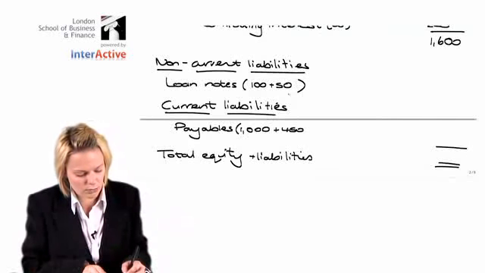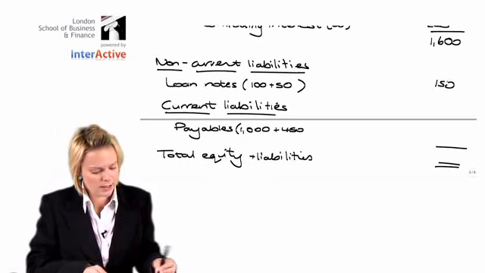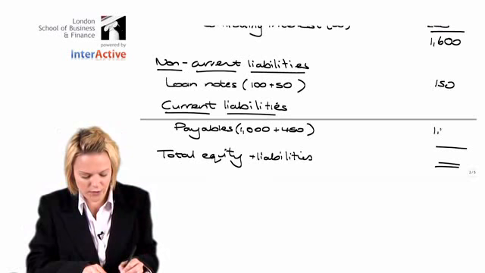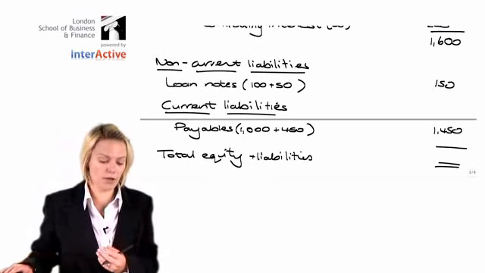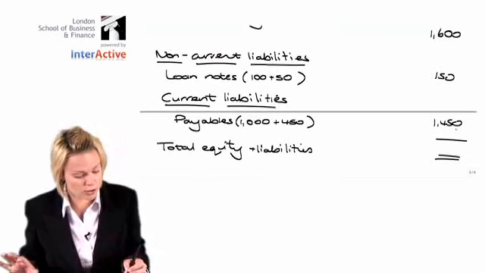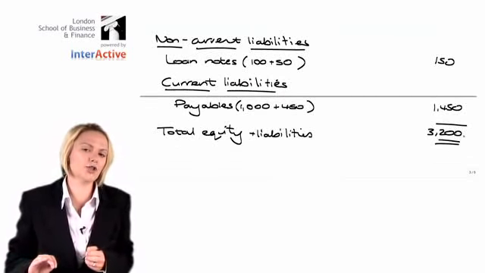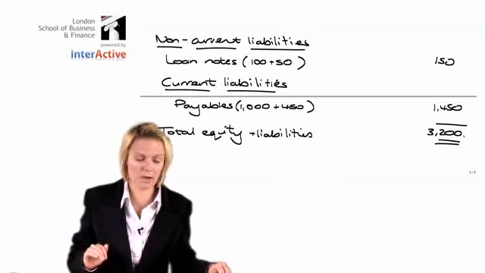Loan notes were 150 for the group, under control, and then 1,450 payables for the group, and that's going to give us 3,200. Our group statement of financial position balances. Okay?